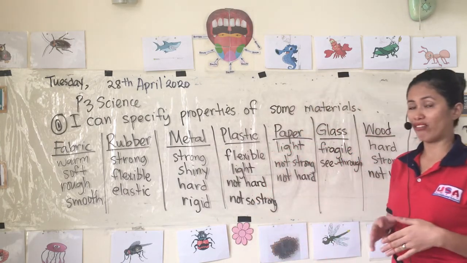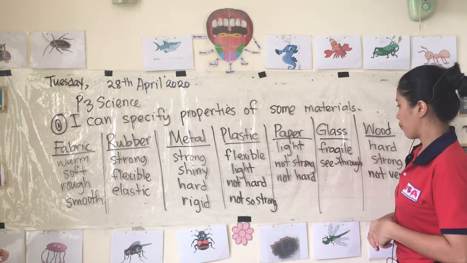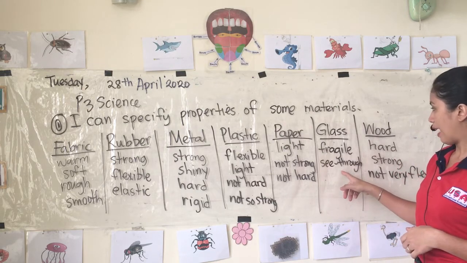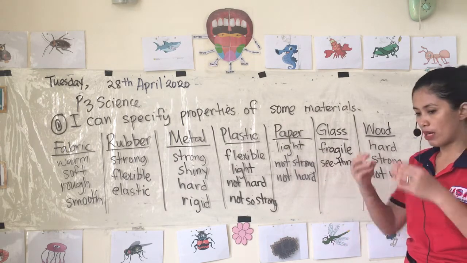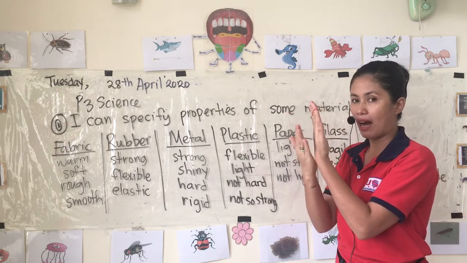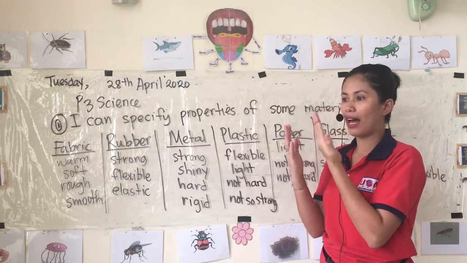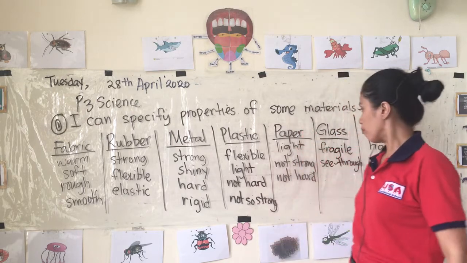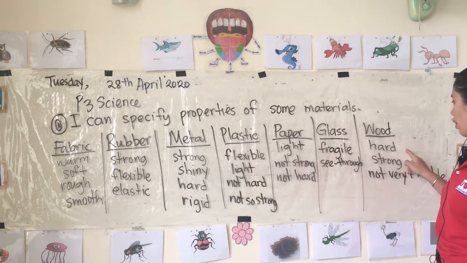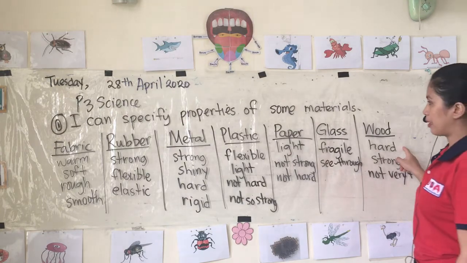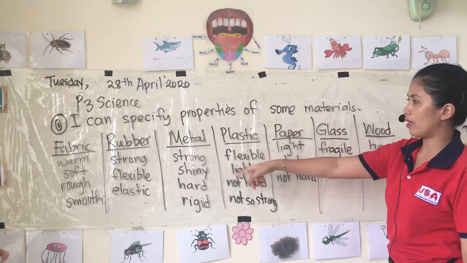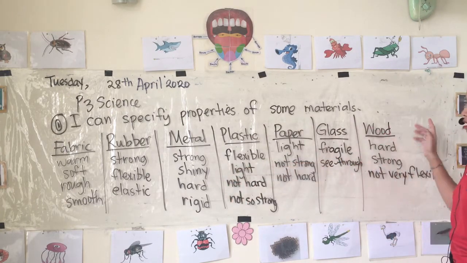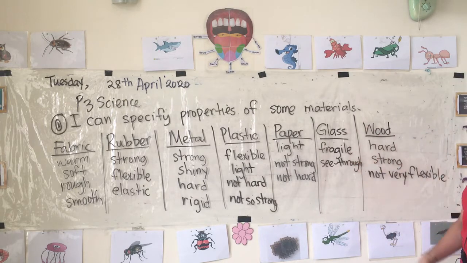So that's why we have to be very careful. Alright, so glass is also see-through. It means that you can see what's behind the glass. But some glass, if it's really thick, is not see-through.